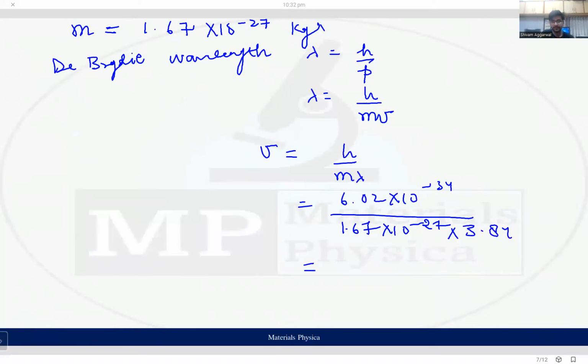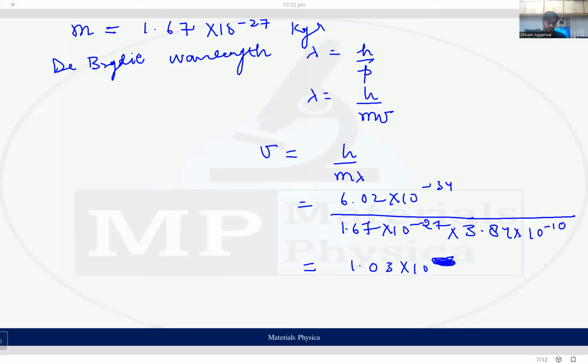Wavelength is in angstrom, so it would be 3.84 into 10 to the power minus 10.